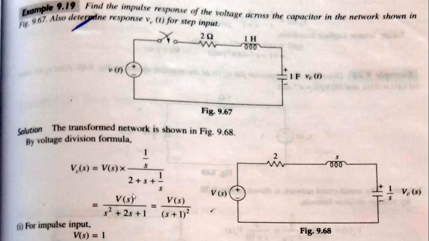For the impulse input, V of s is equal to 1. By taking the inverse Laplace, the voltage across the capacitor for the impulse response will be t e raised to power minus t u of t.